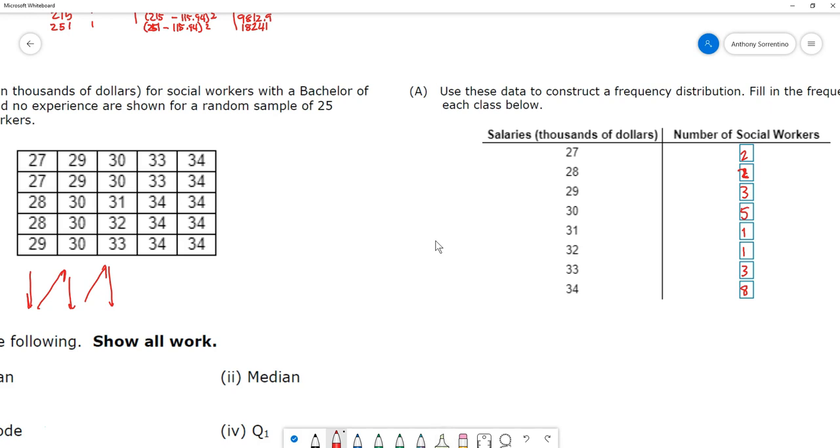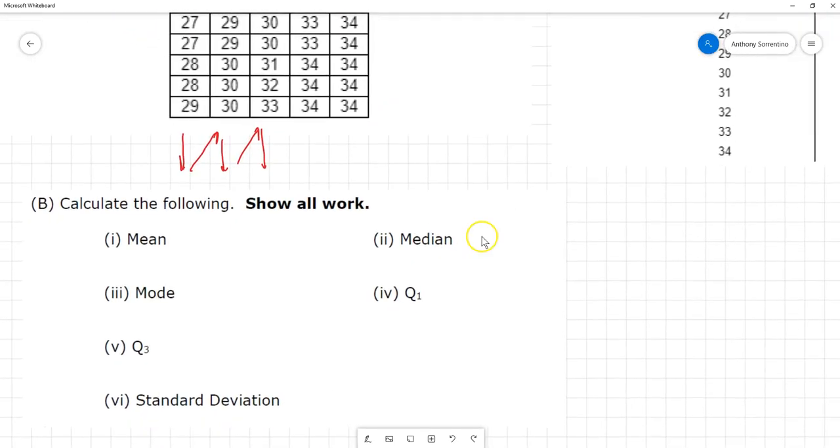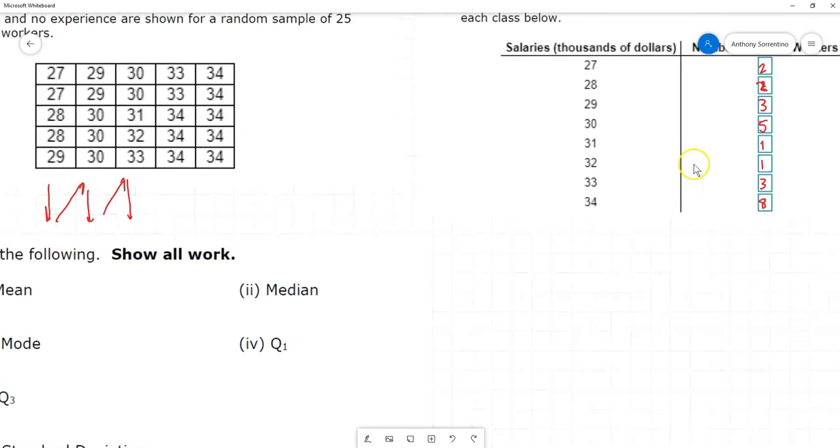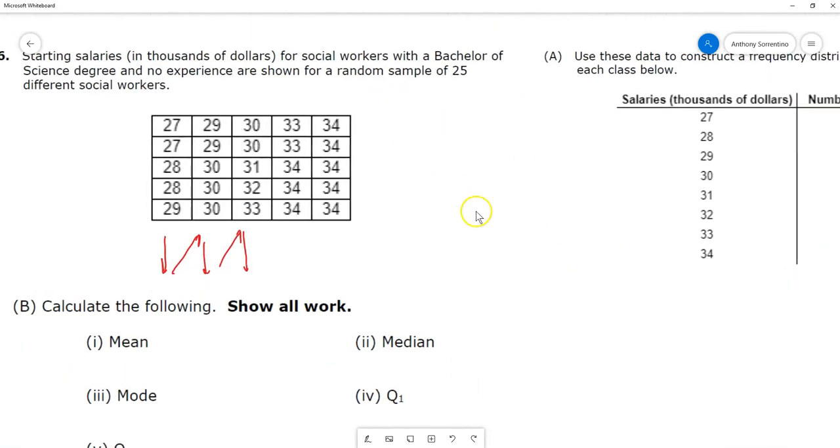So when I get to the mean, which means this table is going to get a little bit obscured, I'm going to take each one of these and multiply it by their frequencies, and then add them together and then divide by 25 because that's how many there are.